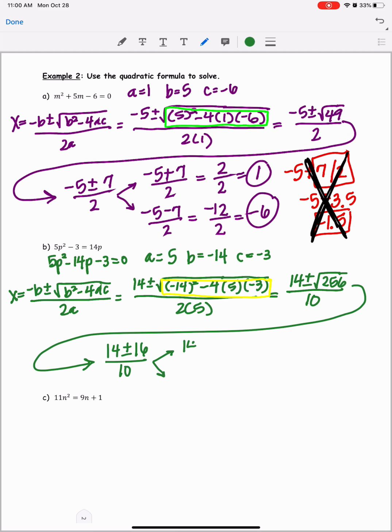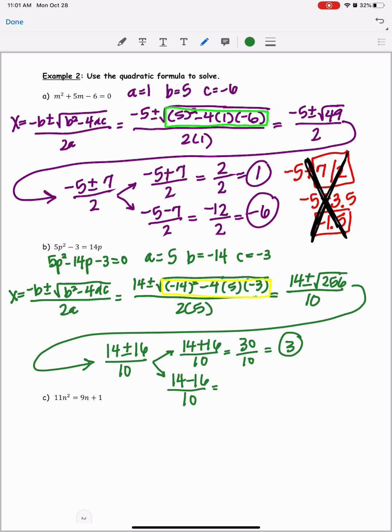So I've got 14 plus 16 all over 10, and I will have 14 minus 16 all over 10. So simplify the top first, hit enter, divide by the bottom. On the top, 14 plus 16 is 30, and 30 divided by 10 is 3. That's one answer.